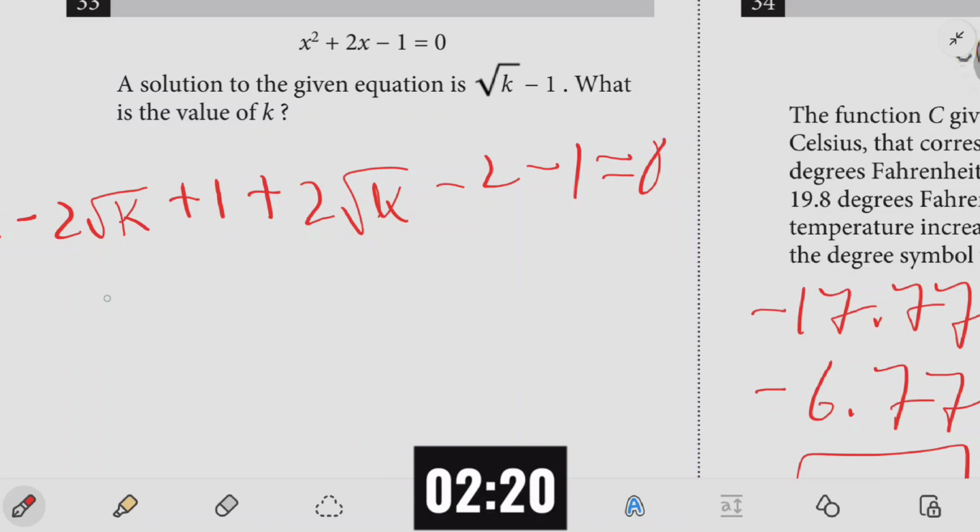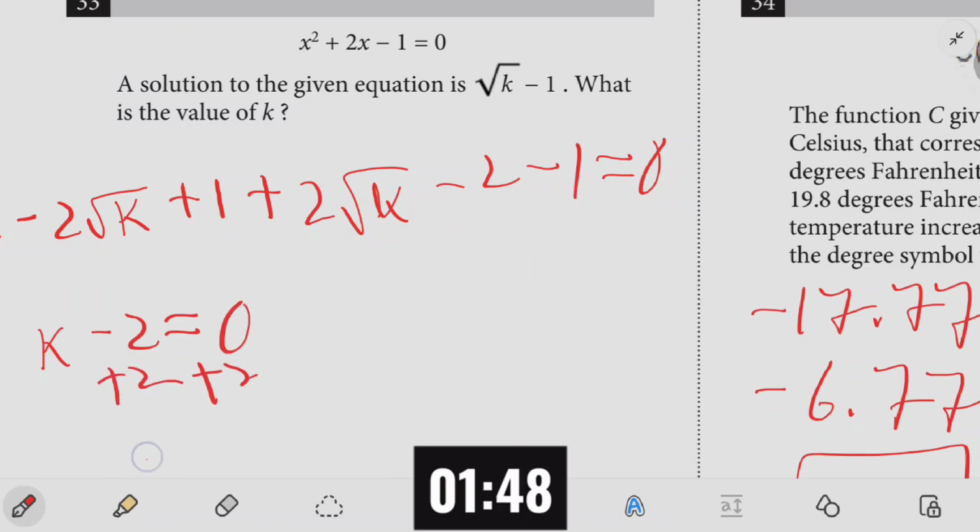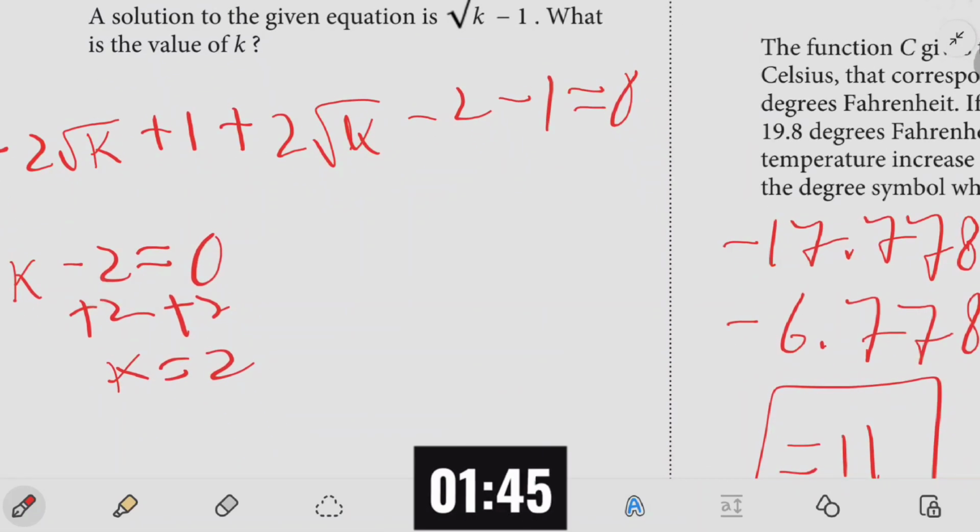Let's simplify this. Plus 1 minus 2 minus 1. K. Oh, I could have just used the quadratic formula. Okay. Plus 1 minus 1 minus 2. Right? It's K2?